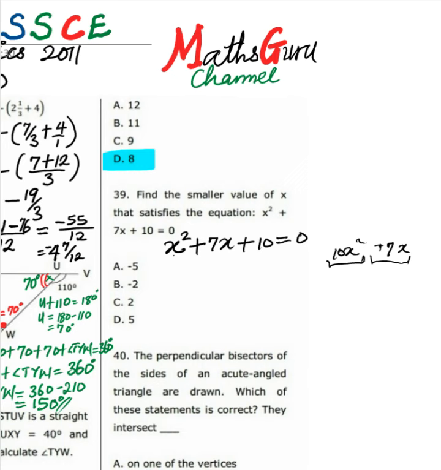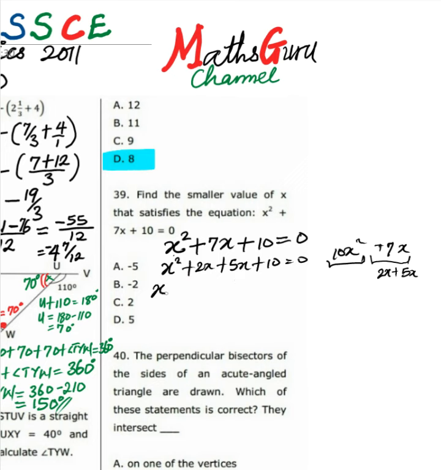So we can simply consider 2 and 5, because 2x plus 5x will give us 7x, and 2x times 5x will give us 10x squared. So we have x squared plus 2x plus 5x plus 10 equal to 0. So we factor out now, we group.